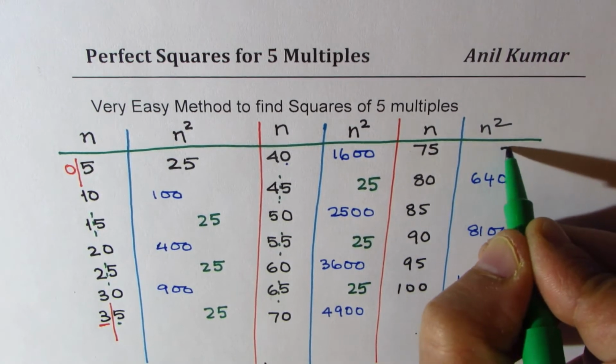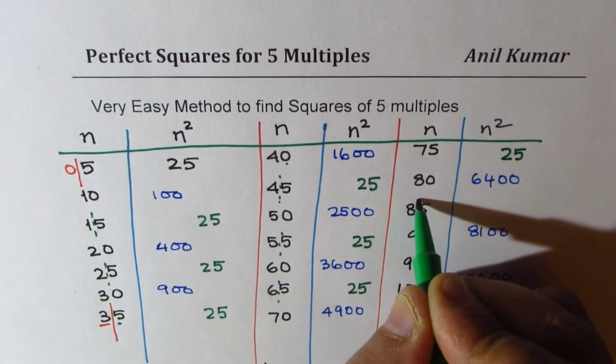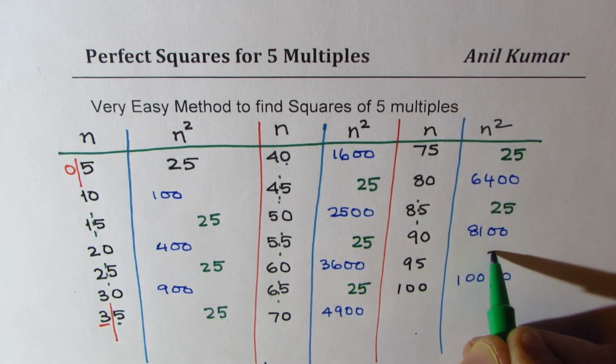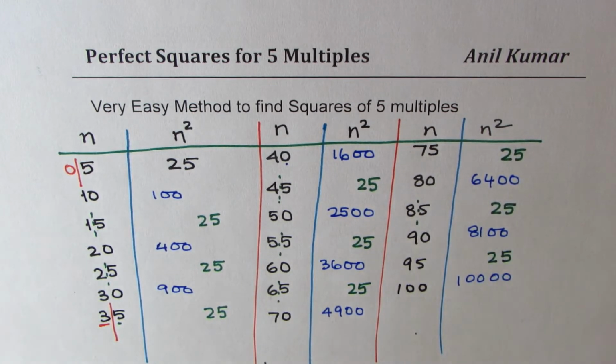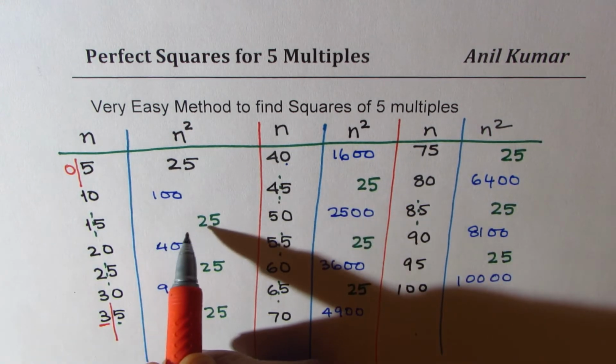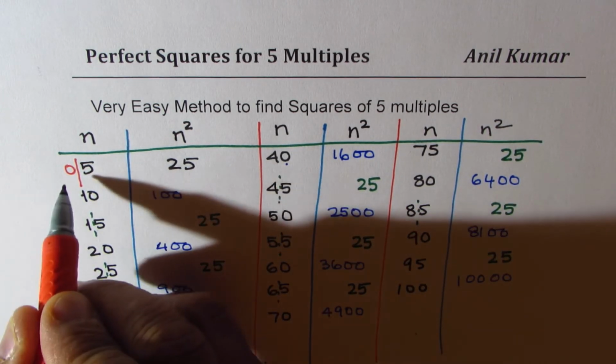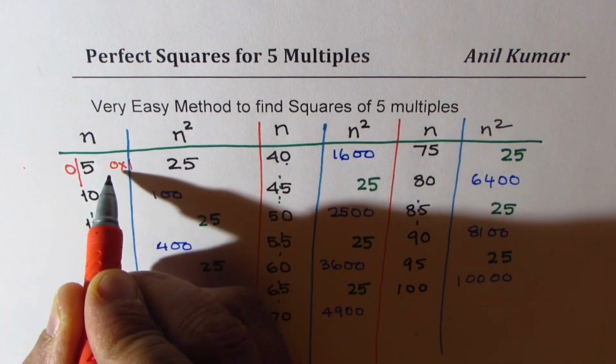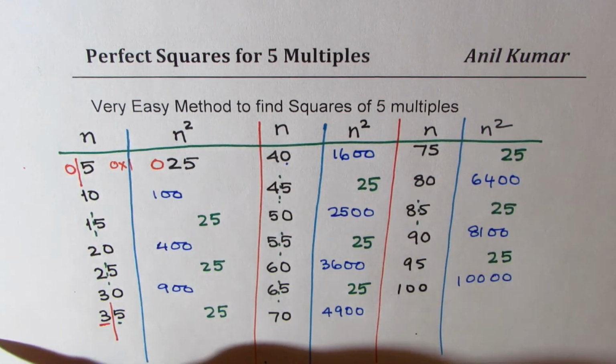Is that okay? We'll complete it in the second step. So I'm giving you a very easy table and a method of learning. Now let us see how we get the number on this side. Now this is 0. If I do 0 times 1, what do I get? I get 0. So we get 0 here.